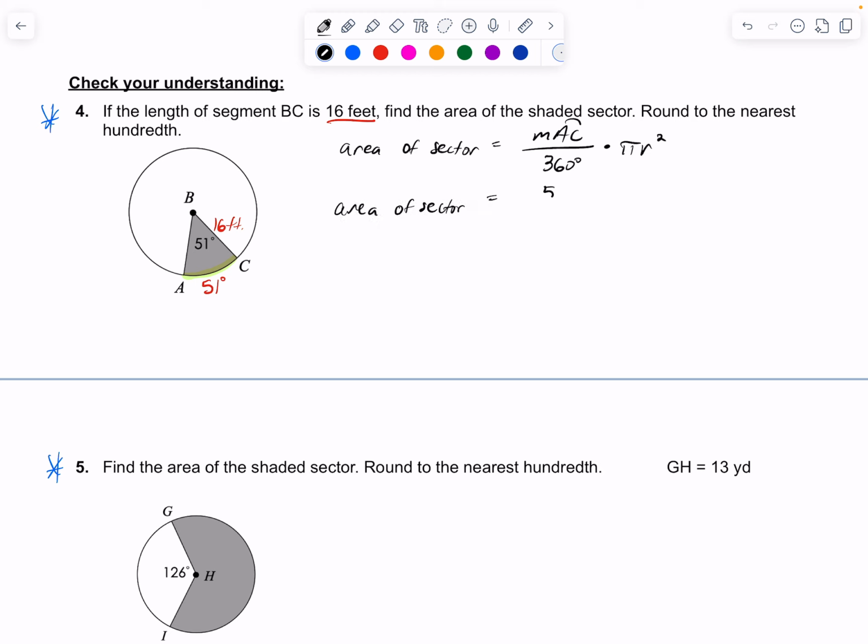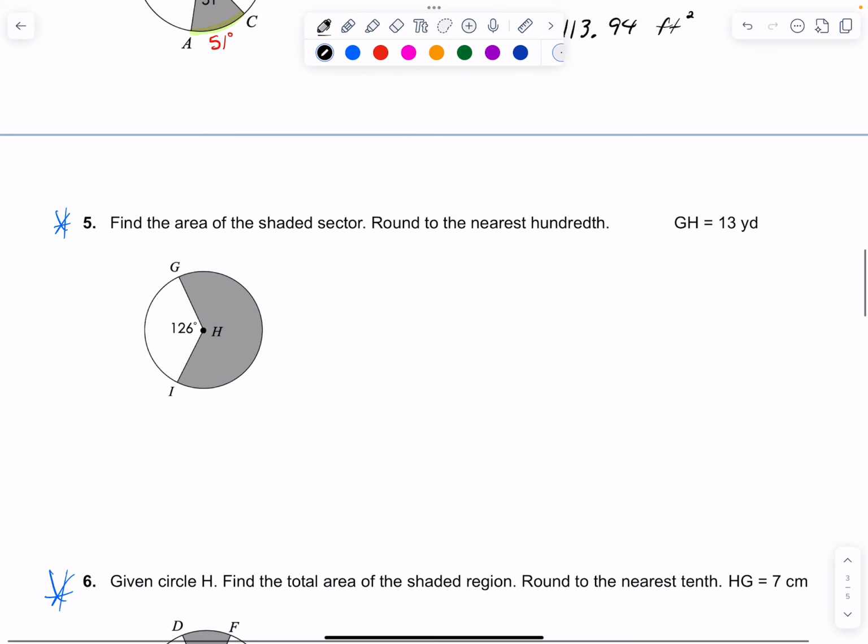Going to my calculator, 51 over 360 times pi times 16 squared. That is approximately, to the nearest hundredth, 113.94 feet squared.